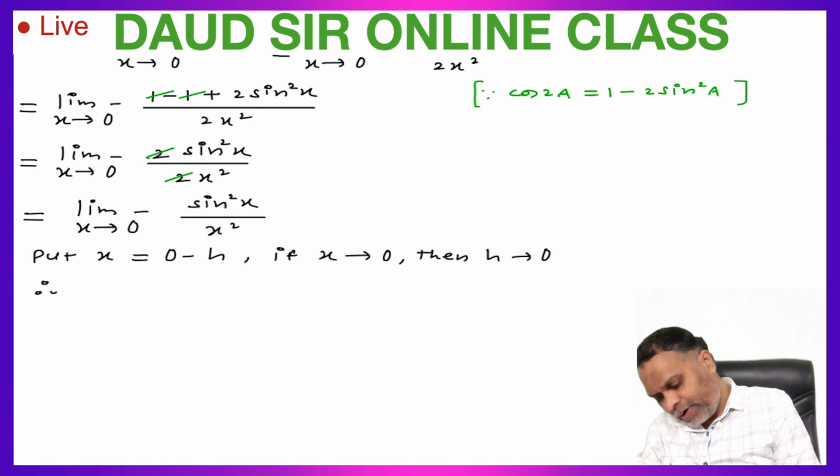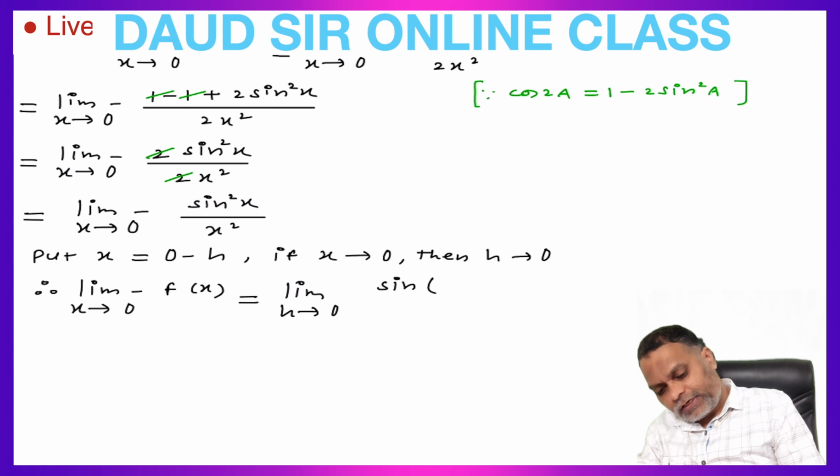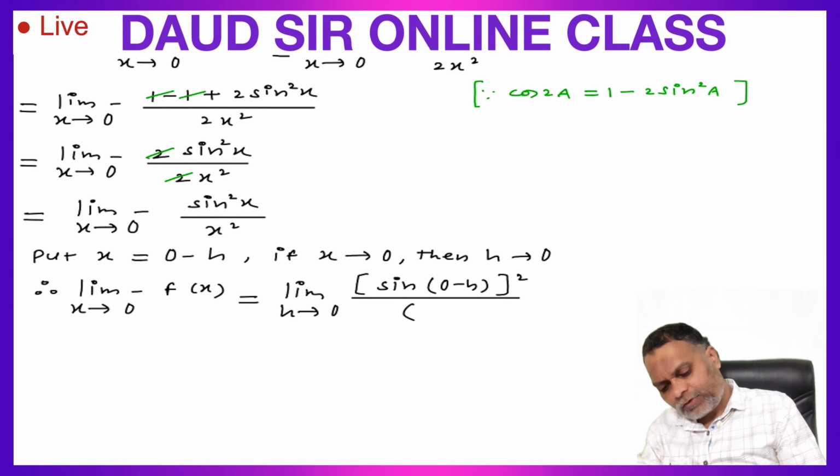Therefore, left hand limit will become limit x tends to 0 minus f of x is equal to limit h tends to 0. This sine x is equal to 0 minus h, and we can write whole square here. When we open the bracket, then sine square only upon x square, so 0 minus h whole square.